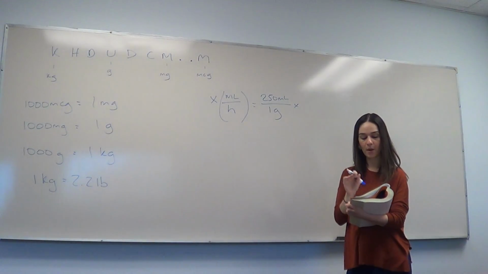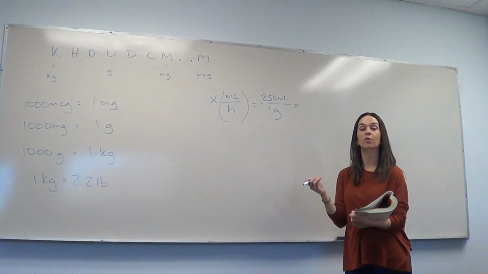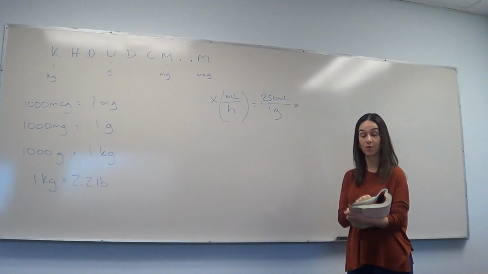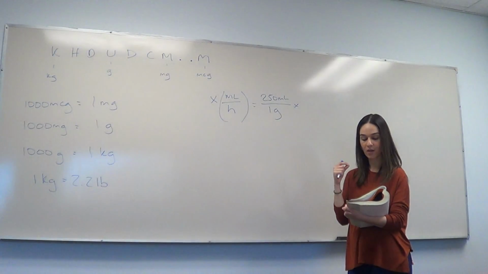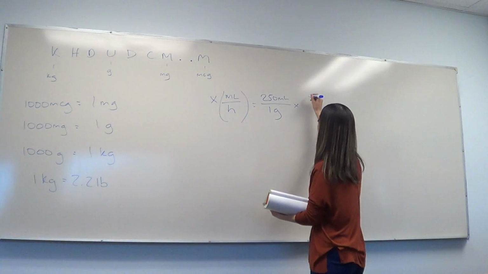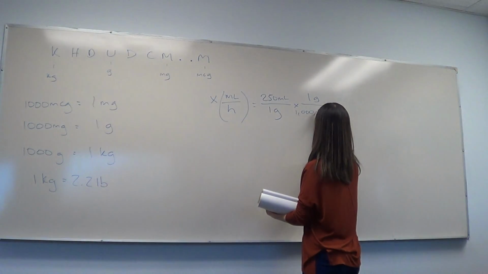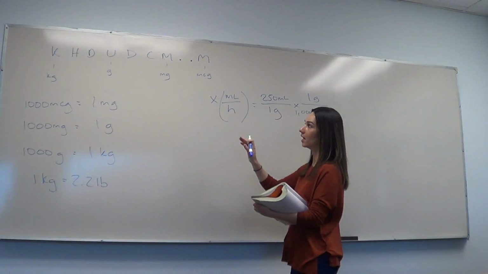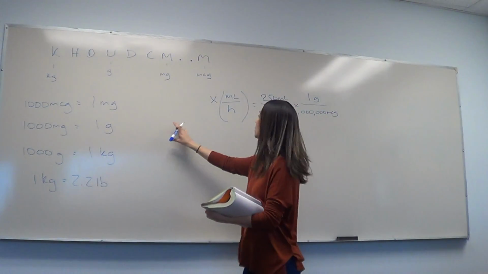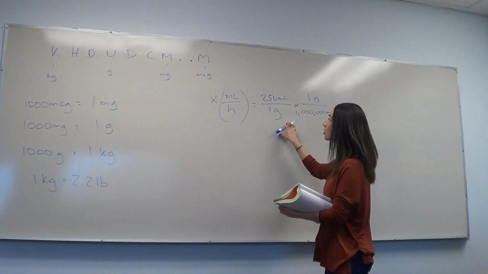And we're reading our problem and we have no information with any further grams in it, but we do see the micrograms, okay? So we either need to understand that 1 gram is equal to 1,000,000 micrograms, or you can go ahead and convert your grams to micrograms before you put it.